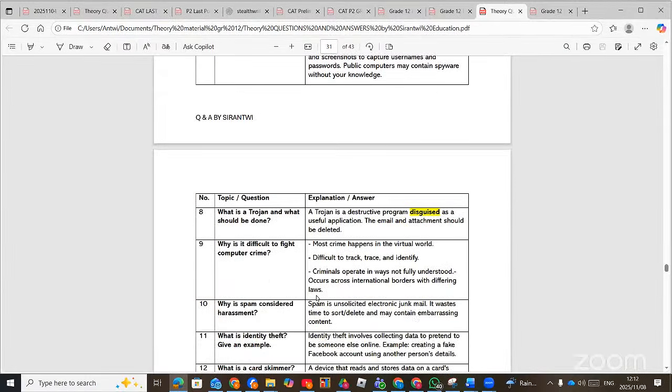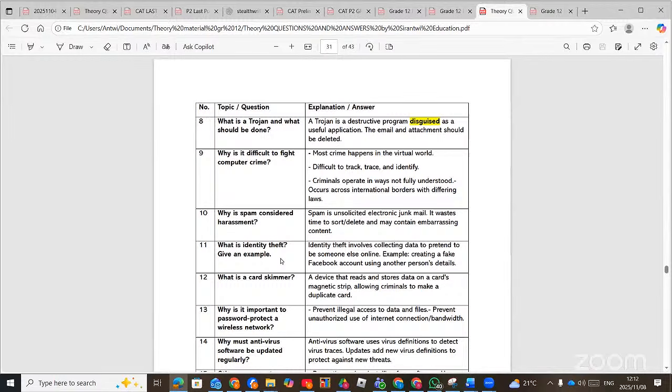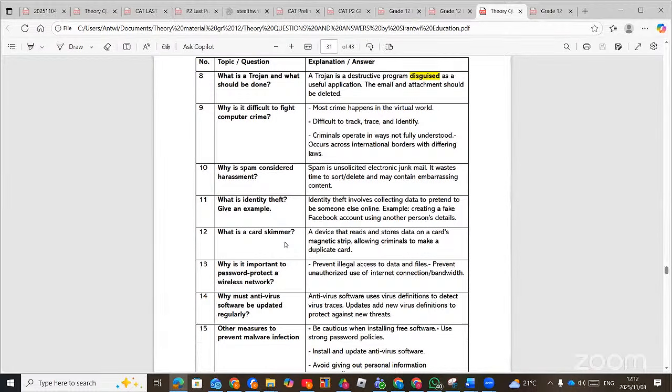Right. And then Trojan. What is a Trojan? They disguise themselves. Why is it difficult to fight computer crimes? Most crimes happen virtually, which means you don't see them, and they are difficult to trace also. Spam, which is unsolicited emails. Identity theft involves collecting data to pretend to be someone else, like creating a fake Facebook account using another person's details. Card skimming, they can ask you this question.